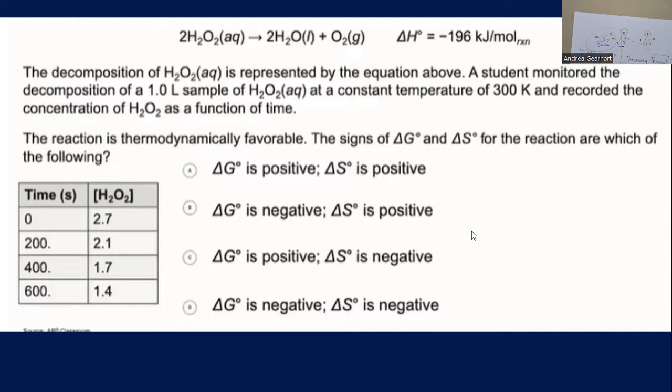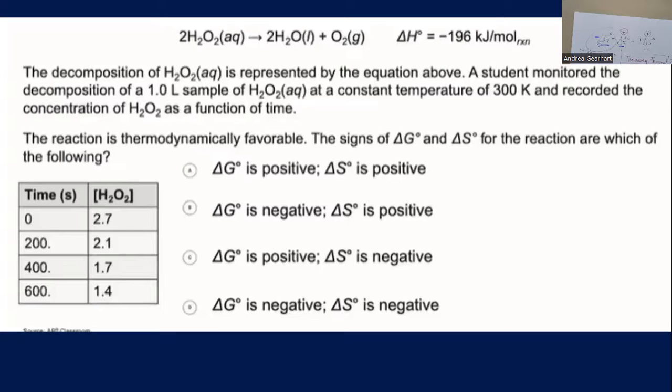So how do we judge if delta S is positive or negative? We look at our reaction. What are we doing? Increasing dispersion, decreasing dispersion. We look at our phases. Perfect, I wanted to make sure I heard it correctly.